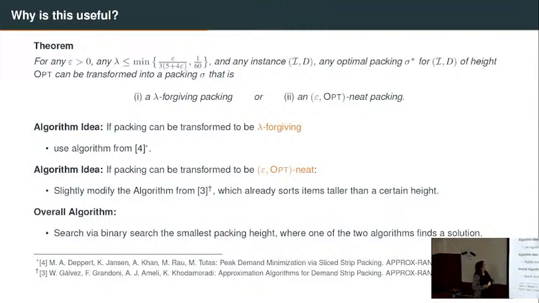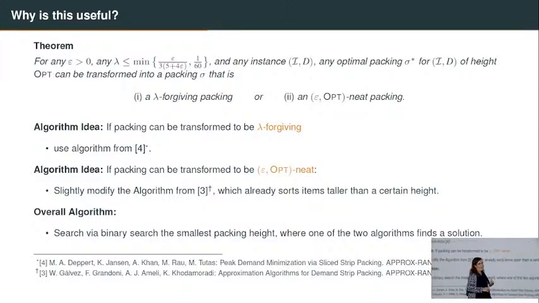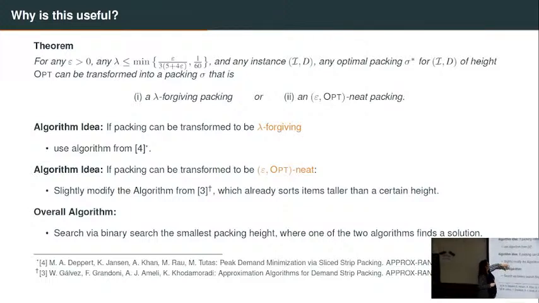And what we do now, given any optimal packing, we know we can rearrange it so that we can either introduce this new item or sort the tall items. Then we can either directly use the algorithm from before, or we slightly modify the other algorithm and use that to solve this.